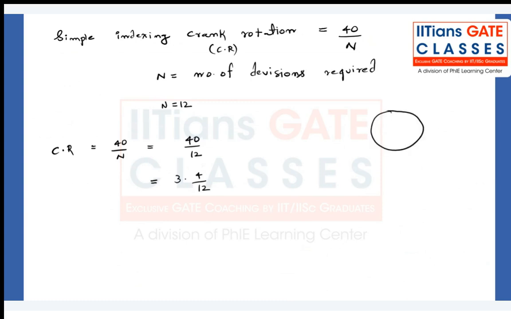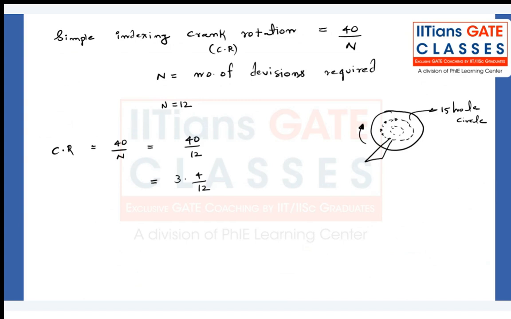Now, this is a crank plate. In the crank plate, we have different numbers of hole circles, say a 15 hole circle. If I want to get one division on the workpiece, I need to rotate my crank 3 complete revolutions, and then after those 3 rotations you rotate 1, 2, 3 holes, and 4 holes we have to lock, so that you will get one division.